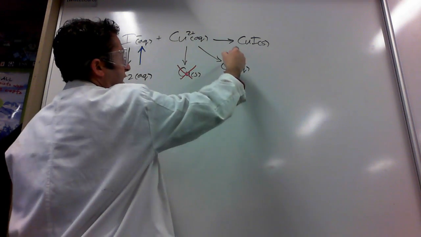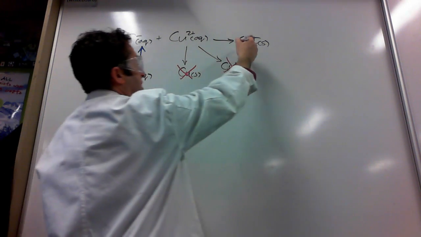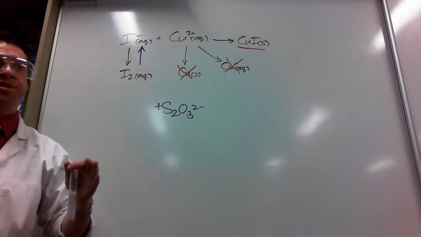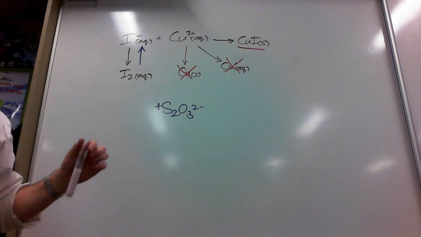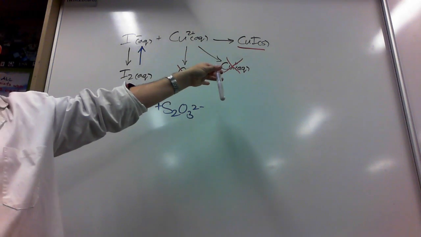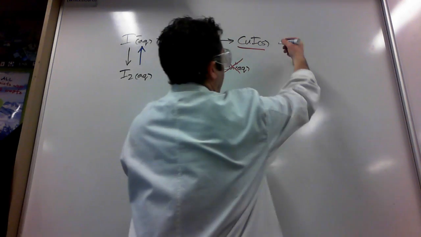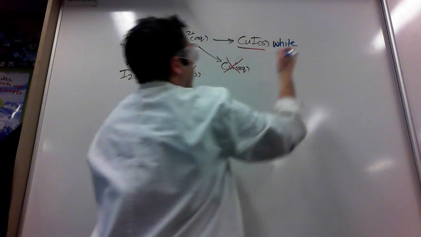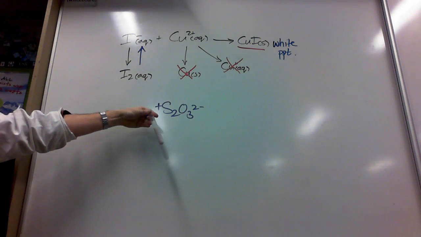I had already discounted this one, which means that it's this. And if I check my little box of reagents that I've had to learn this year, I see that that's a feasible result, because this is a white precipitate. And that's what I see in my test tube.